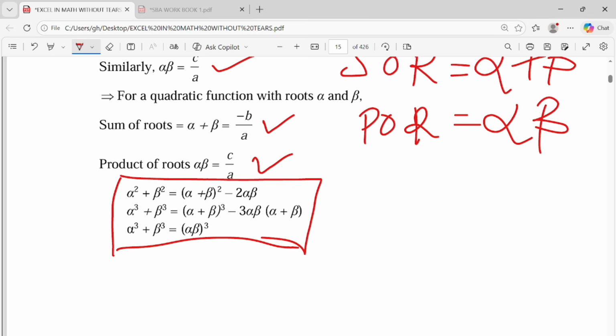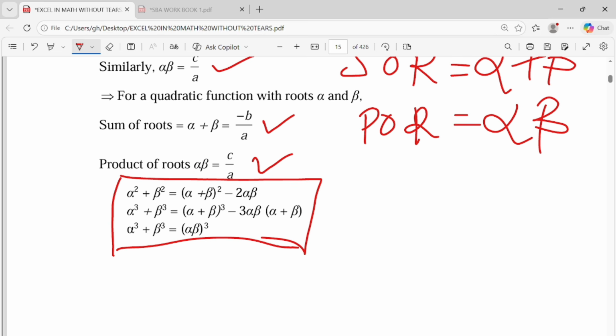The first expression is alpha squared plus beta squared equals alpha plus beta squared minus 2 alpha beta. And alpha cubed plus beta cubed is equal to alpha plus beta in brackets cubed minus 3 alpha beta into alpha plus beta. That's another expression that we are going to use.